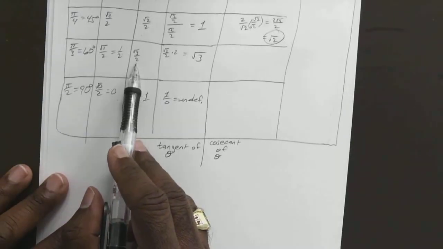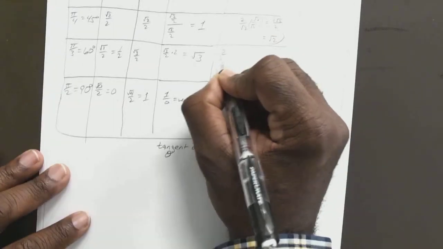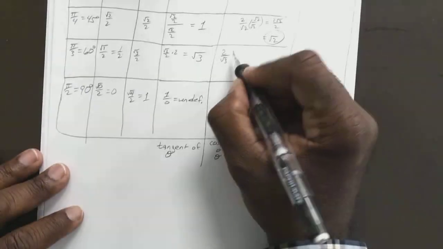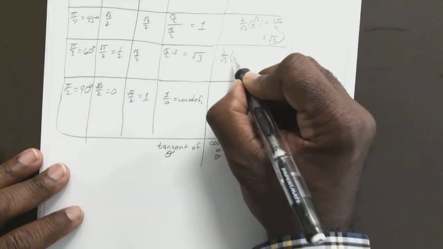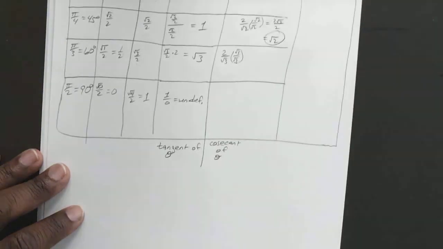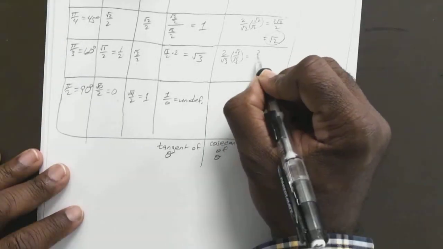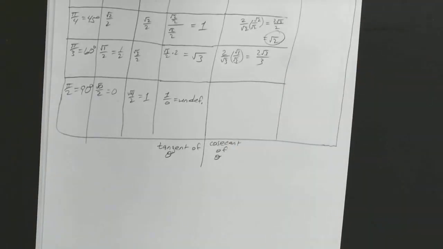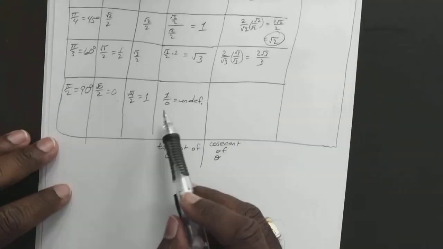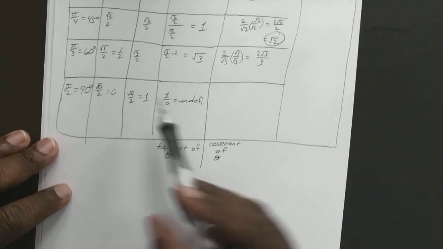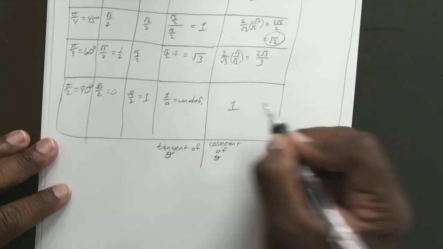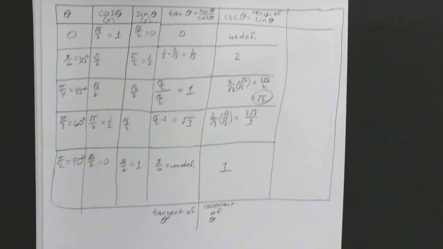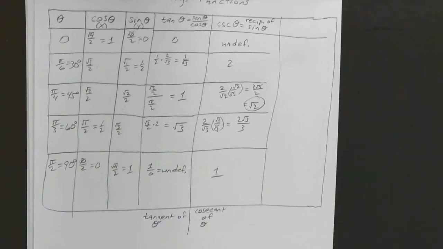Okay. So now if we get the reciprocal of square root of 3 over 2, 2 over square root of 3, and again, if you decide to rationalize the denominator, square root of 3 over square root of 3, that would be 2 square root of 3 over 3. And the reciprocal of 1 is just 1.